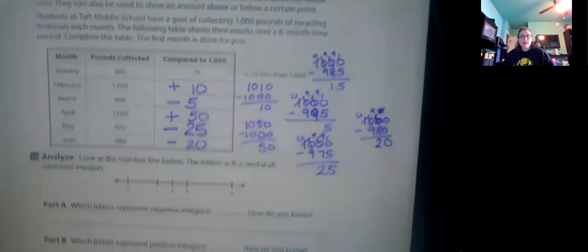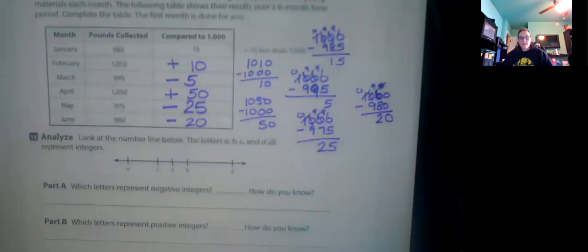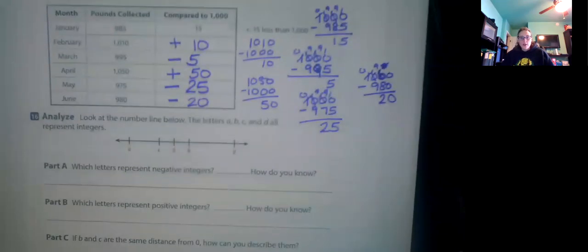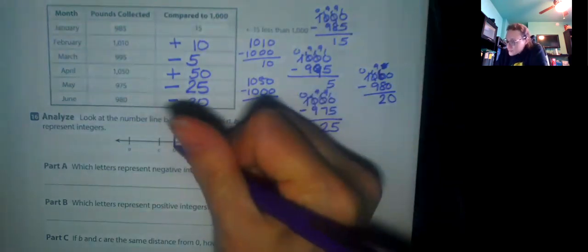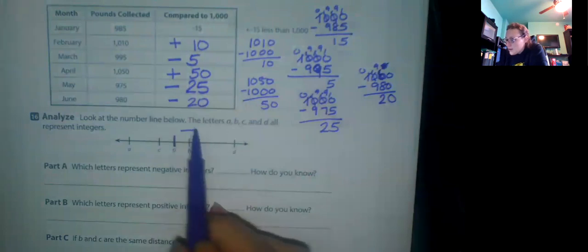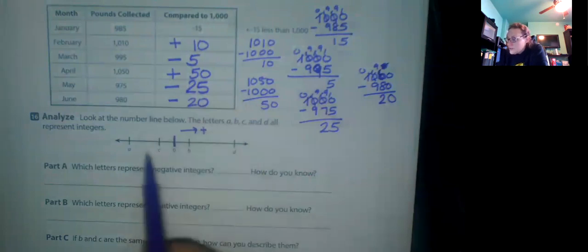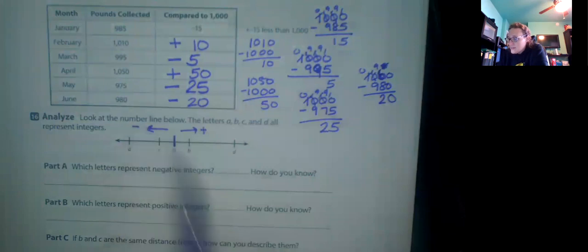So look at the number line below. The letters A, B, C, and D all represent integers. Which letter represents a negative integer? Okay, well, if here's 0, remember to our right are the positives, and to our left are the negatives. So that means C and A are negatives, okay?